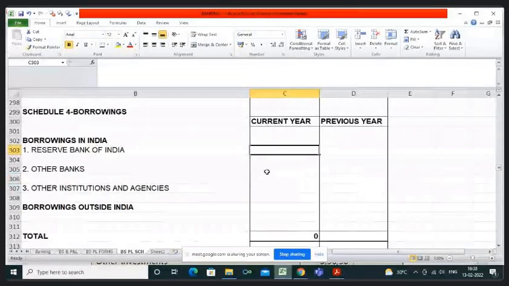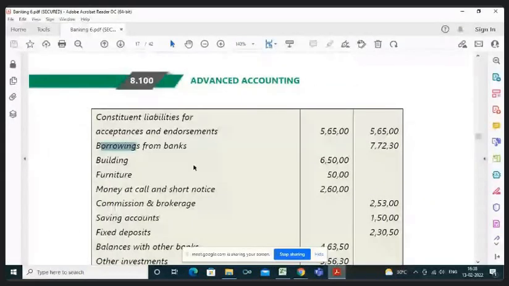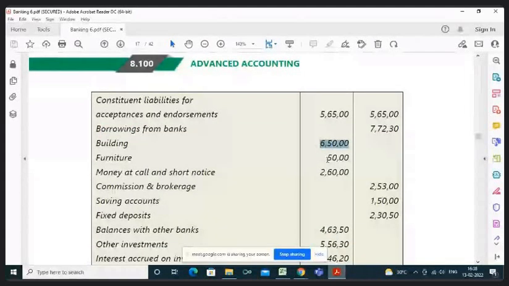There we will have acceptances, endorsements, and other obligations, so we will write 56,500. So, contingent liability 56,500.